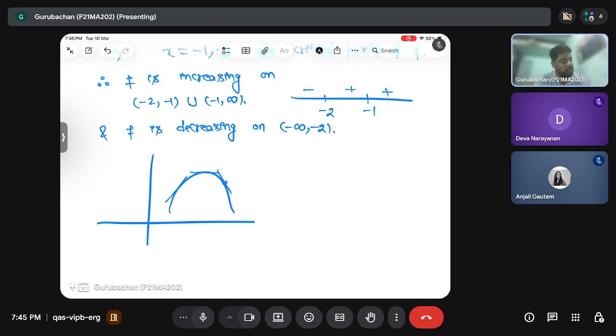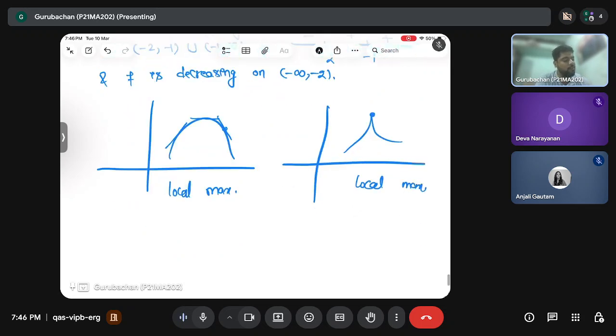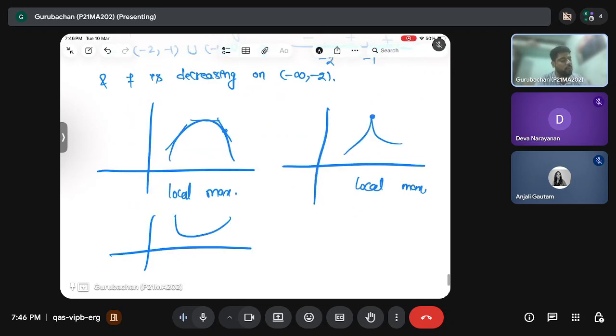So that means this is local maxima. Also the same goes with this. Here f is not defined. Again a local maxima. In the same way, for local minima, the derivative is negative, then 0, then positive.